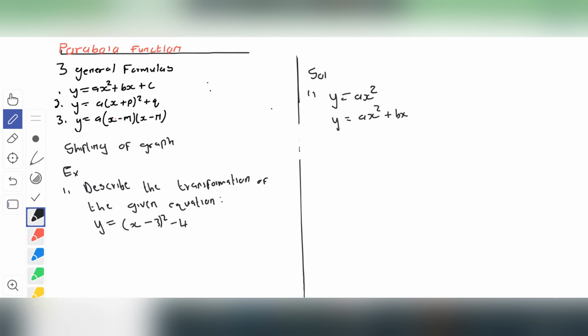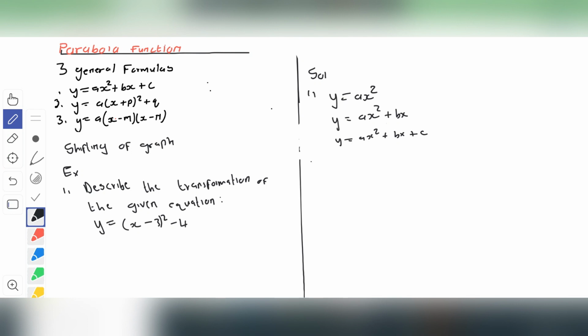And also if we have y is equal to, let's say, ax squared plus bx plus c, meaning now the graph has shifted, because if the graph didn't shift, the equation of it has to be y is equal to ax squared only, no other values, right? So from our given equation, we can see that the graph has shifted, right? So how do we describe it?